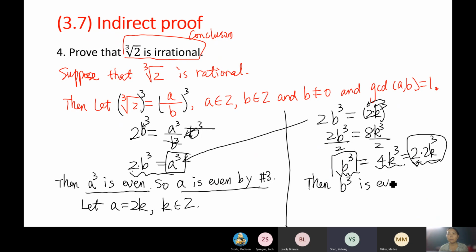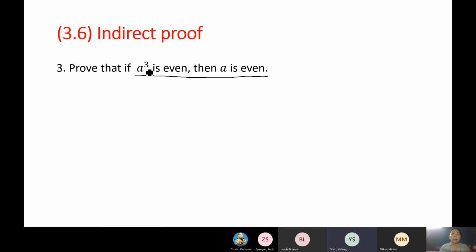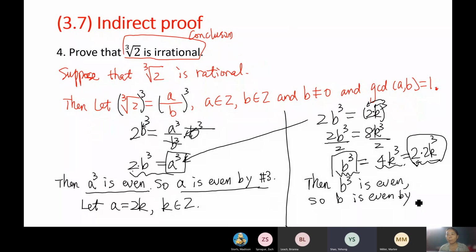And if b cubed is even, again, by number 3, b is even, because that's what number 3 tells us. Number 3 says a is just a letter. I replace a with b. So if b cubed is even, then b is even, right? So that's just a different variable letter to represent the base. That's why, because number 3, I proved it.